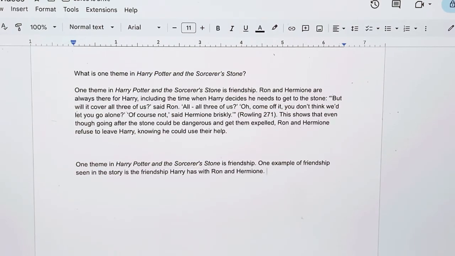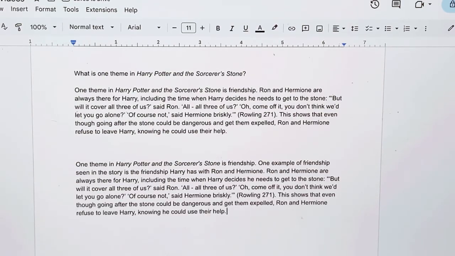So I said, "One example of friendship seen in the story is the friendship Harry has with Ron and Hermione." So I used the phrase "one example of" and then continued with the information that I had in the quotation sandwich. And now I simply add in the rest of the quotation sandwich.